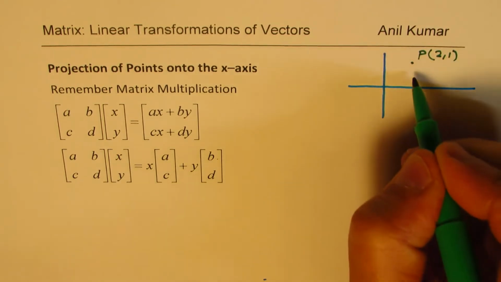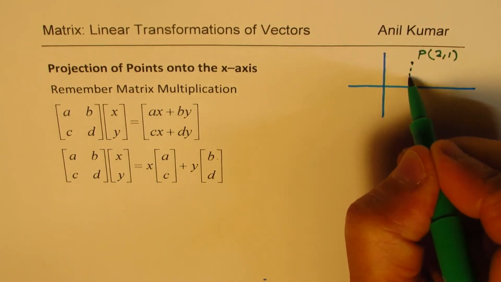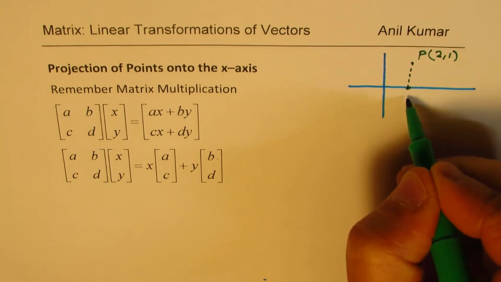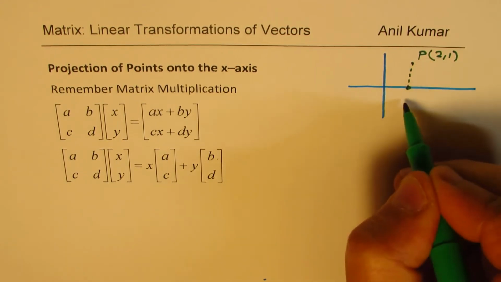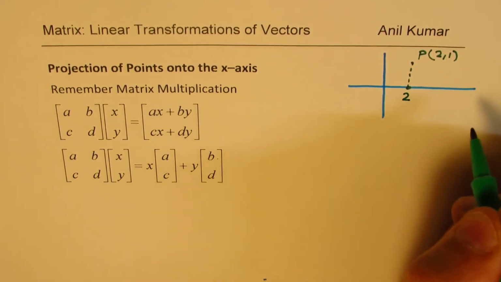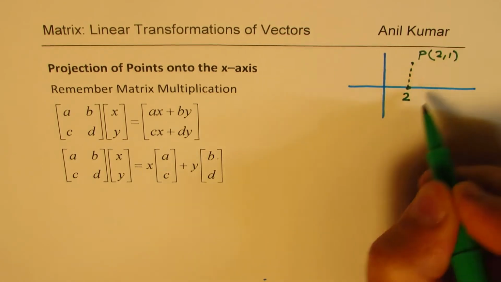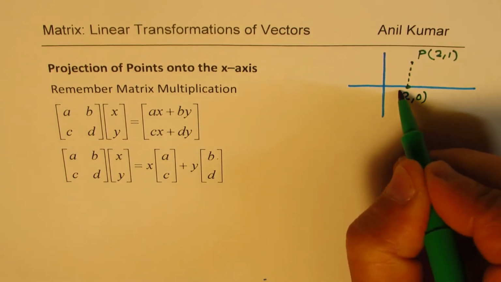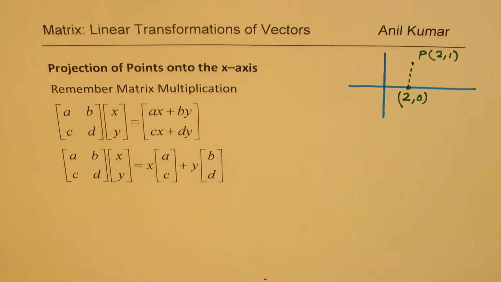When I project this point on the x-axis, the x value remains the same, which is 2, and the y becomes 0, right? So this is 2, 0, correct? That becomes the projection of the given point on the x-axis. Is that clear?